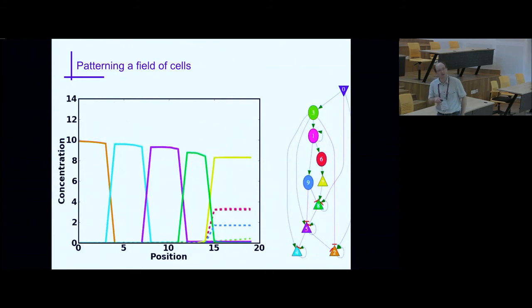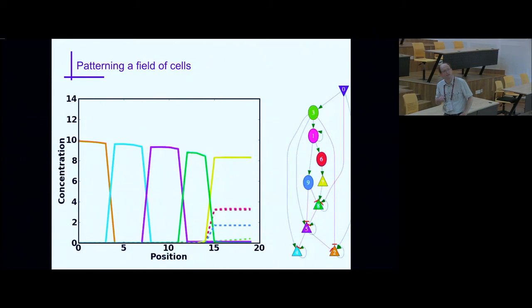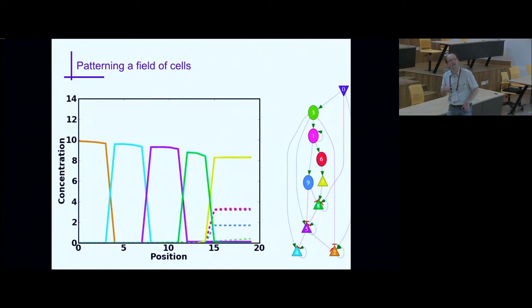And then what you see from this network is that, for instance, the gene 5 here, it's repressing the gene 4 and the gene 2. So essentially, the genes on the right repress the genes on the left. So gene 5 is repressing gene 2, gene 4. Now, it's not always direct.